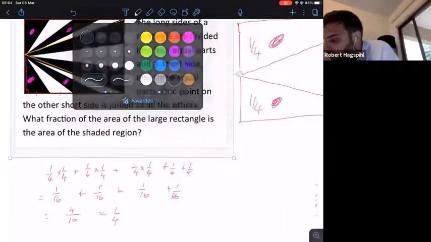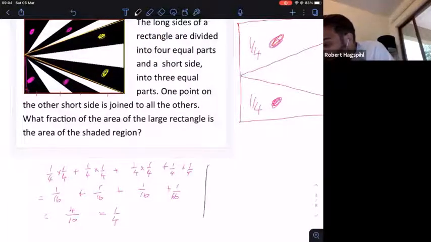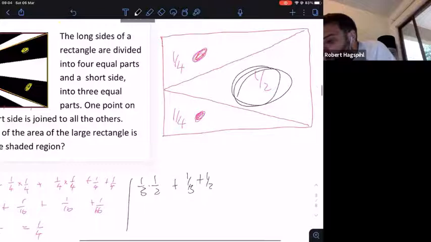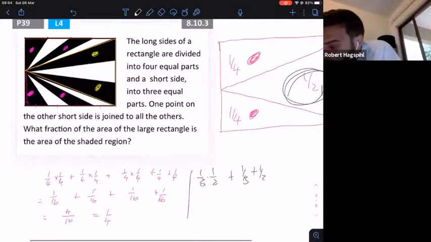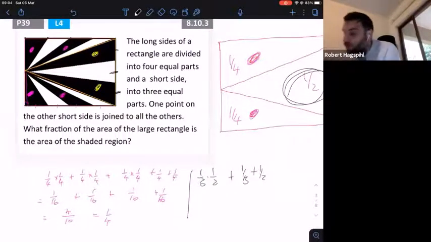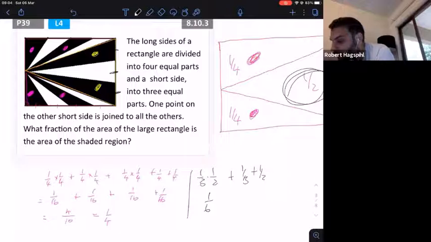And so is everybody with me that if I look at the yellow triangles, I've got a third of a half plus a third of a half, because again, this whole area is equal to a half, and I've split this into three equal triangles with the same base and the same height. And so a third of a half is a sixth plus a sixth, which is equal to 2/6, which is equal to a third.